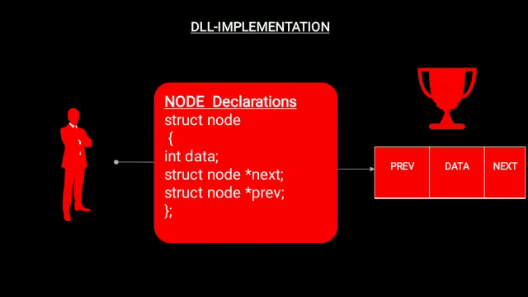Here the structure name is node, and the node contains the data part. Here the type is integer, and the next pointer is used to point to the structure of the next node. Third, the previous pointer, which is used to point to the structure of the previous node.